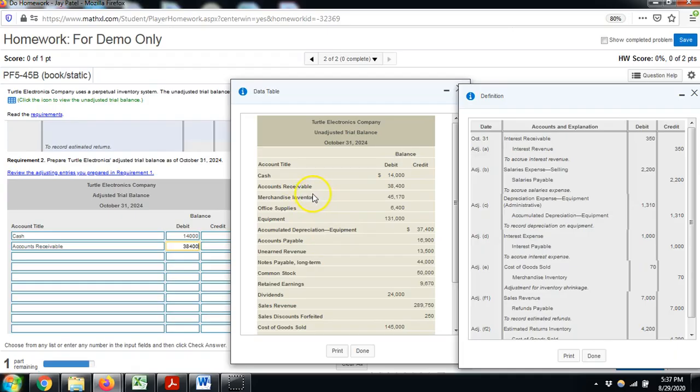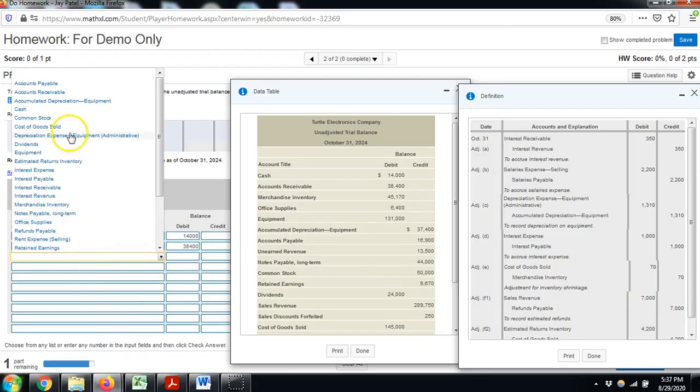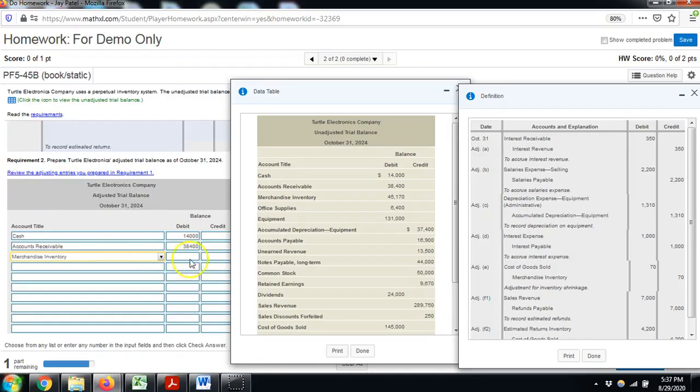Merchandise inventory was affected by, let's see, this one, $70 of shrinkage. So we have 45,170 minus 70 is 45,100.